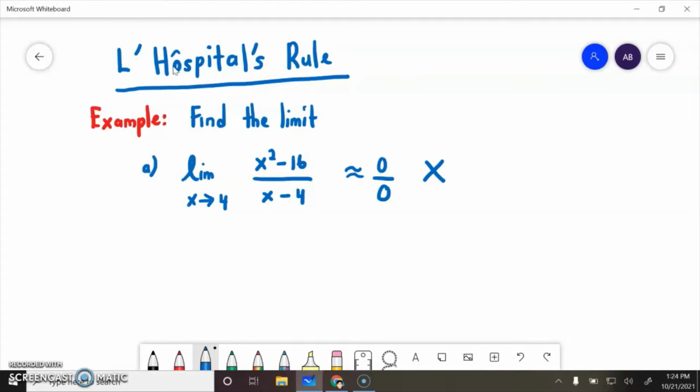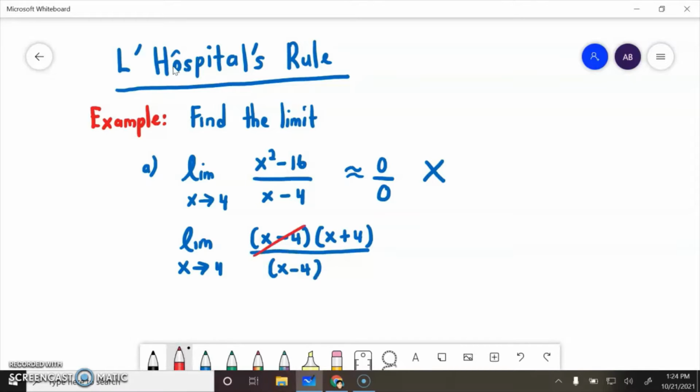Dividing anything when the denominator is 0 means there is no solution, since you cannot divide by 0. So what you want to do here is think of a way to solve this. I can try to factorize the given equation, so I will have x minus 4 times x plus 4 divided by x minus 4.